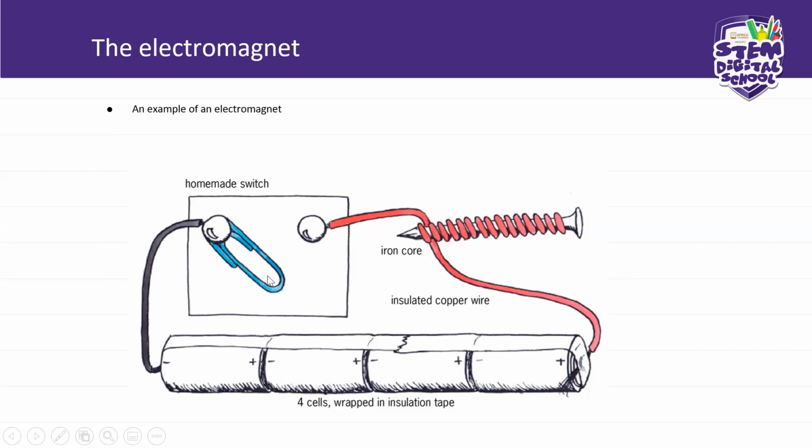And this is a paper clip. Don't use the plastic one, use the metal one. The metal one will conduct electricity, and then when it is connecting to this paper fastener here, the switch will be closed, so there'll be a flow of current.